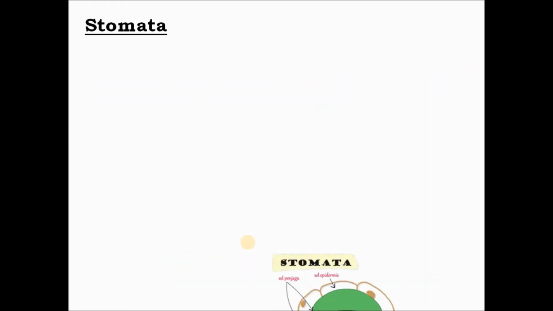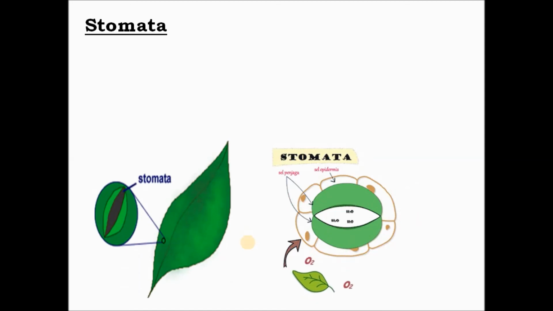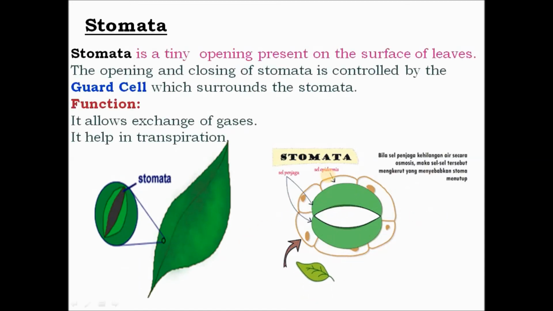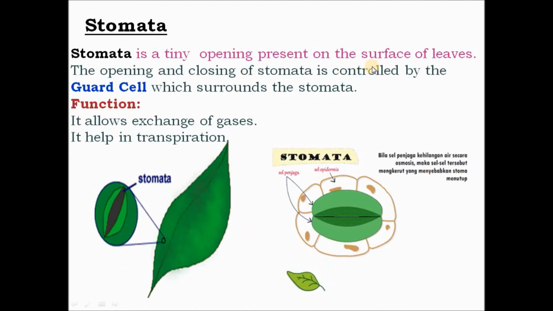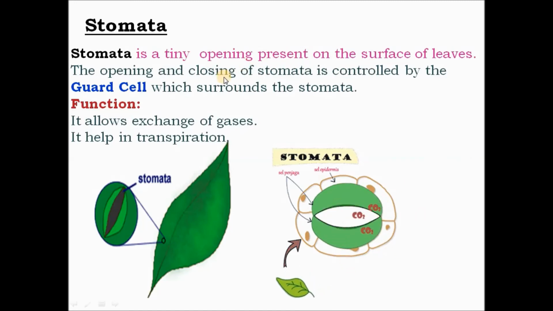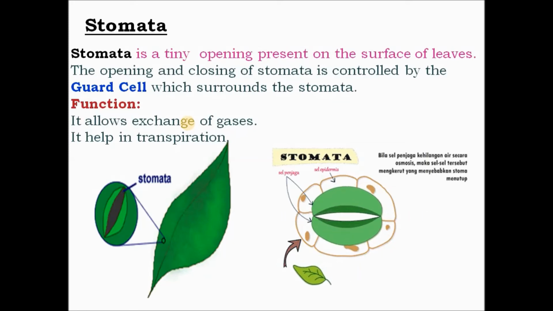So what are stomata? I have just now told you stomata are nothing but tiny openings present on the surface of leaves. The opening and closing of stomata is controlled by the guard cells. Two main functions of the stomata are: one, it allows gaseous exchange. It allows exchange of gases, meaning they will take carbon dioxide from the atmosphere and utilize it for the photosynthesis process.